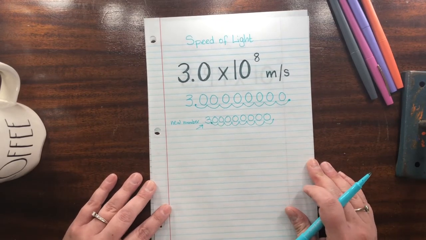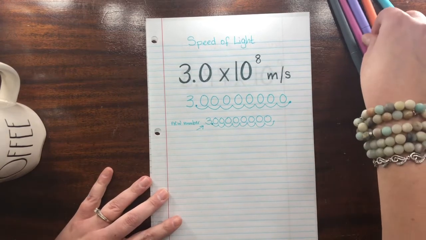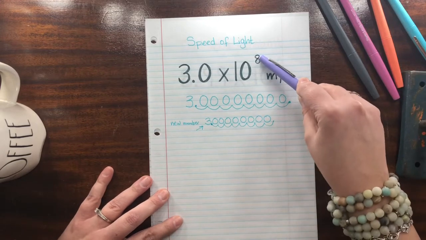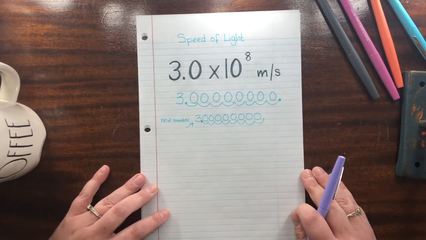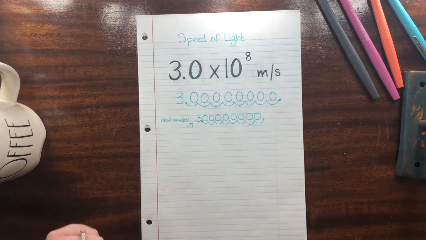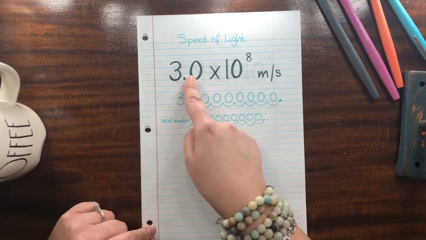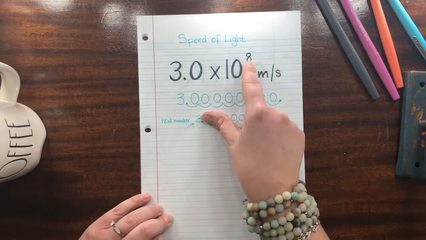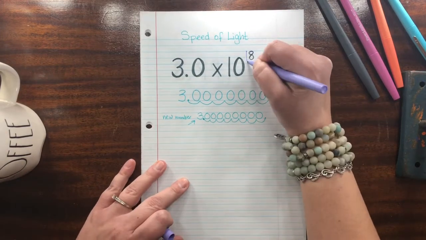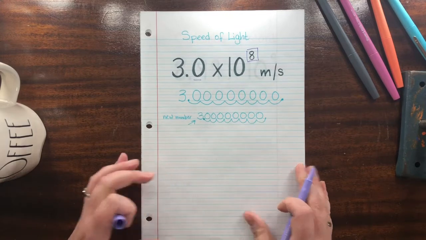Trick number 2 is to look at your exponent, which says 8, and this is personally my favorite way to do this. Look at your exponent, then look at the number you have right after the decimal. In this case, it's a 0, so 8 take away 0 is 8.